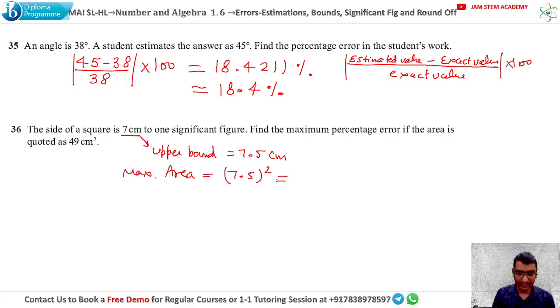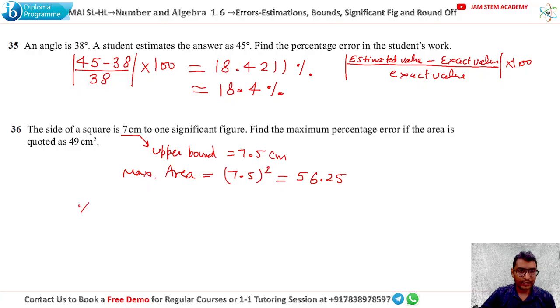Let's calculate that. 7.5 squared comes out as 56.25. So that's the maximum area. What's the exact value? We already have the exact value as 49, and 56.25 is the maximum one. Find the difference between these two, and on the basis of that, we can get our answer.